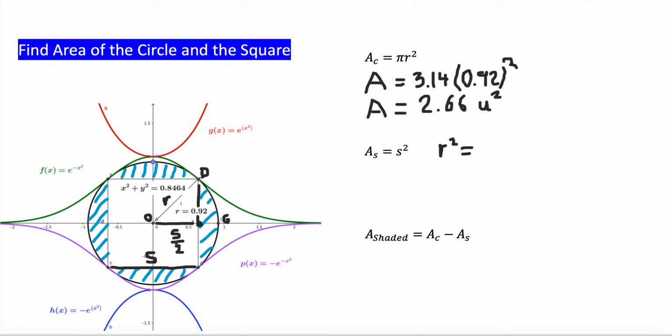So side divided by 2. We don't know what the side is, but s over 2 squared plus s over 2 squared.